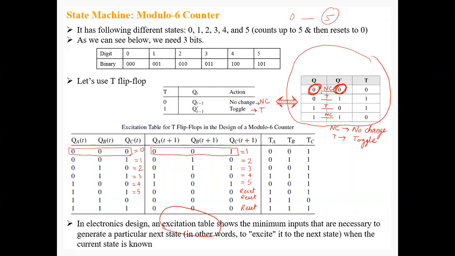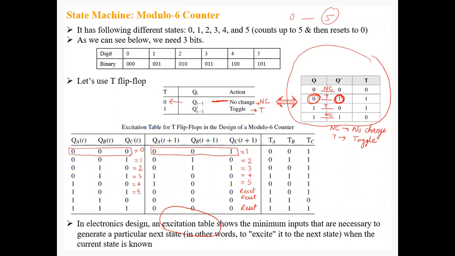It means your T flip-flop is in hold or toggle mode? Hold, right? It's hold mode. So when it is hold or no change mode, what should be the value of T for that to happen? 0. If the initial state is 0 and the final state is 1, then what happened there?